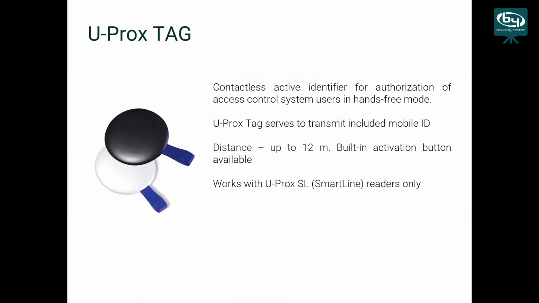U-Prox tags are contactless active identifiers for authorization of access control system users in hands-free mode. With this device, we only approach the reader and it is automatically detected. And if it's authorized, then we can access.